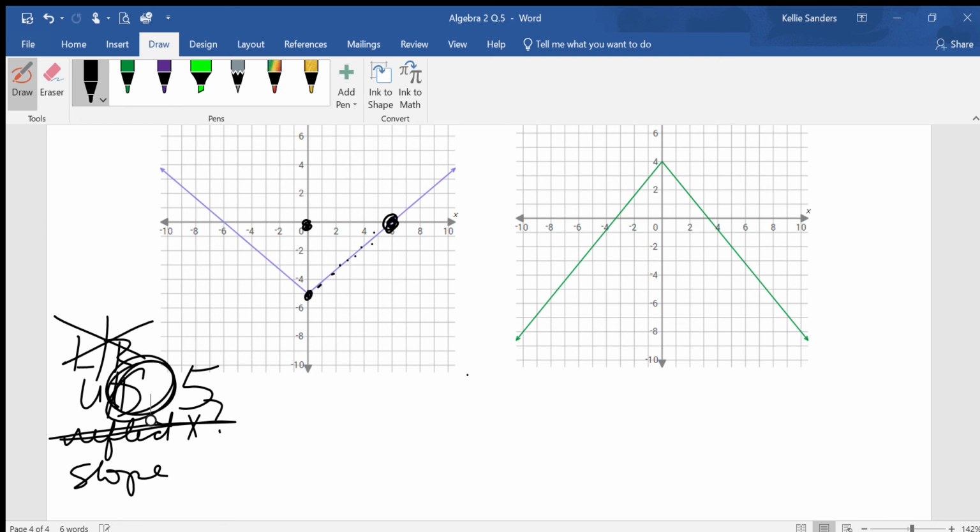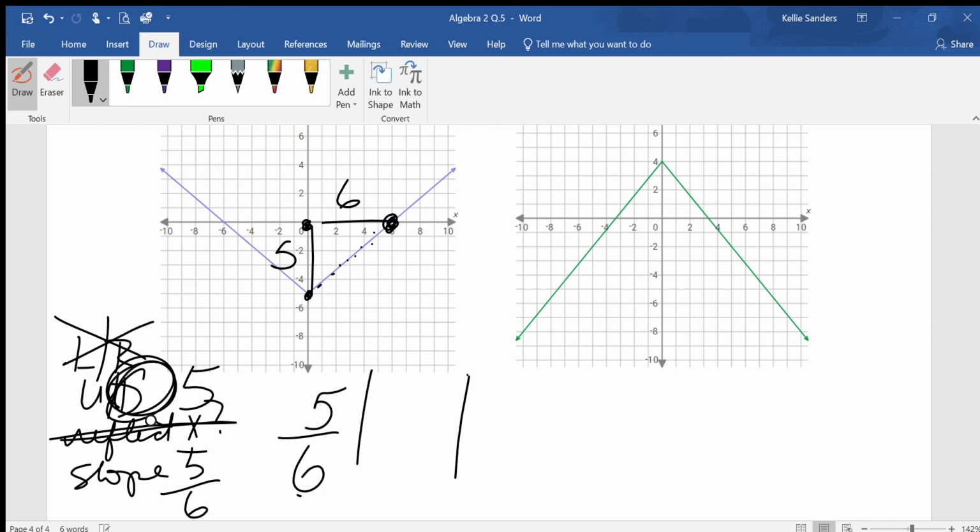So the slope does change. What would it be? We'd have to go up 5 and over 6. So our slope is 5 over 6, which means the 5 over 6 is going to go on in front of the parent. And we're going to go down, so nothing's going to go inside the parent because it wasn't left or right. And we went down 5.